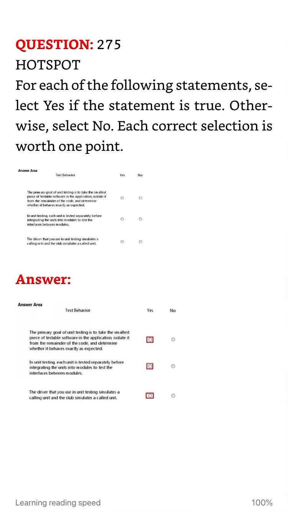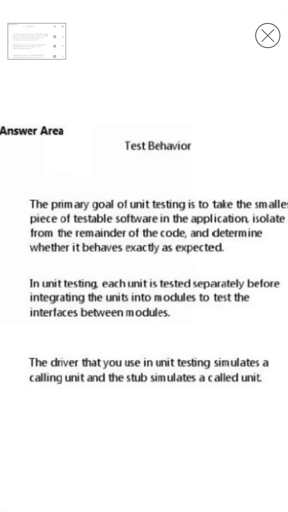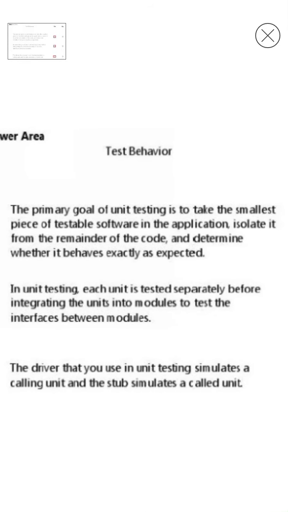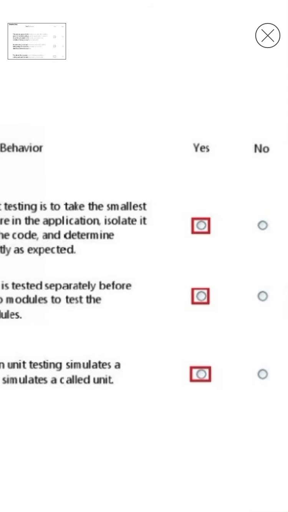Question 275, and final question for this review. Hotspot. For each of the following statements, select yes if the statement is true, otherwise select no. So the primary goal of unit testing is to take the smallest piece of testable software in the application, isolate it from the remainder of the code, and determine whether it behaves exactly as expected.